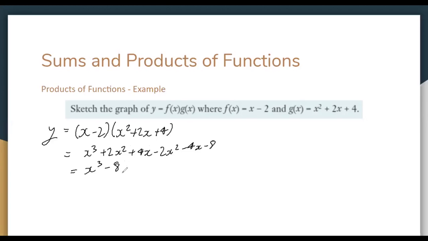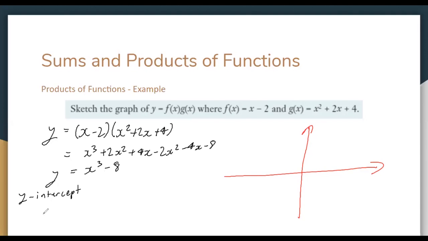So from here, it's actually going to be really easy to find our points for this, because this is, again, another cubic. And so let's draw our axes. And so if we want our y-intercept, that's relatively simple, because we just let our x equal 0. So we're just going to be left with y is equal to minus 8.